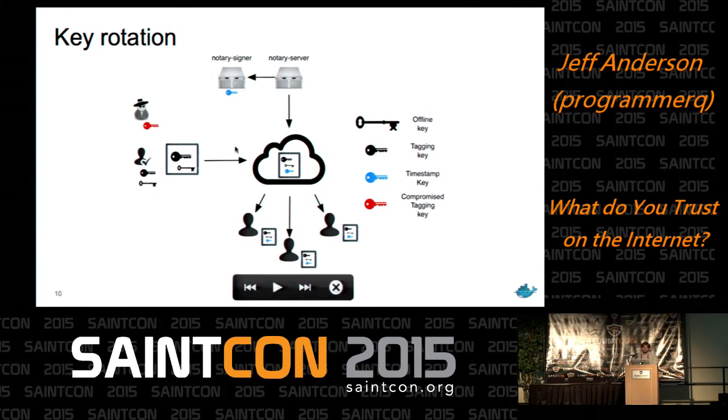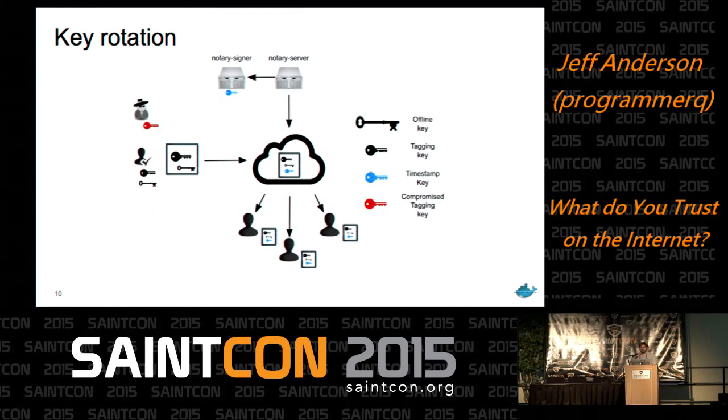So in this case, my tagging key is compromised, but my root key is in my safe. So I take the root key out of my safe, and I say, hey, that tagging key is no longer any good, but I can make another one. And then I would have to re-sign any content that was signed with the compromised key and re-push the signed metadata up. And my users really don't notice any difference at all at that point.